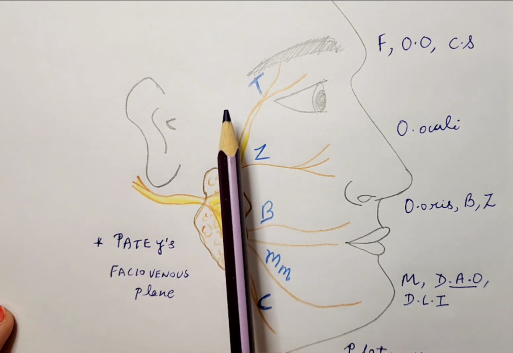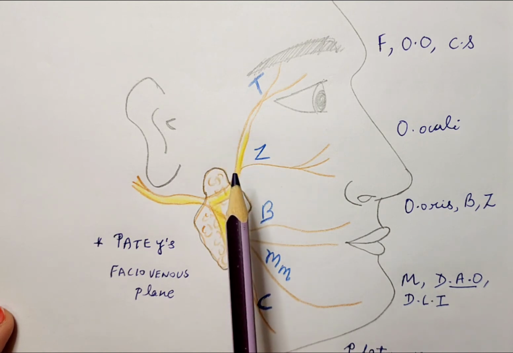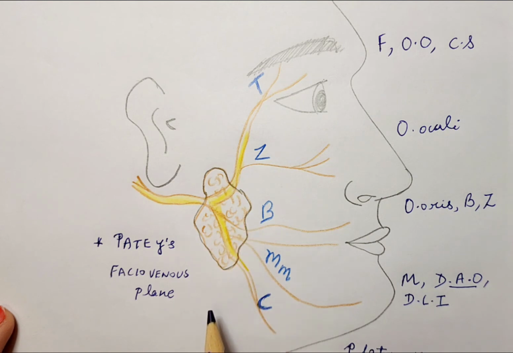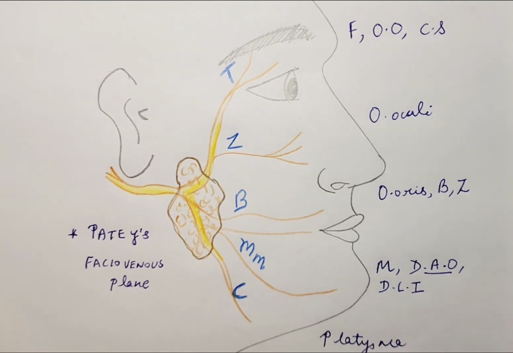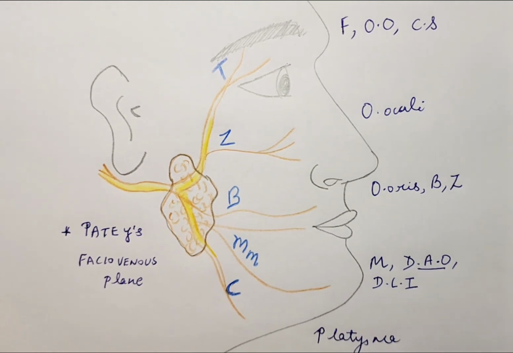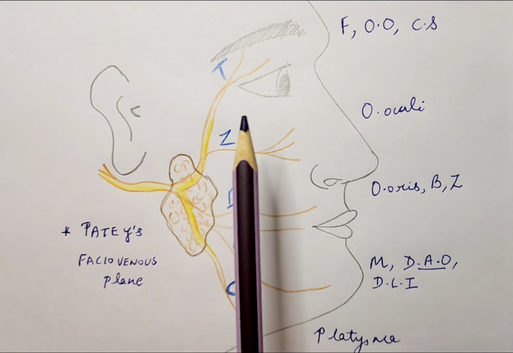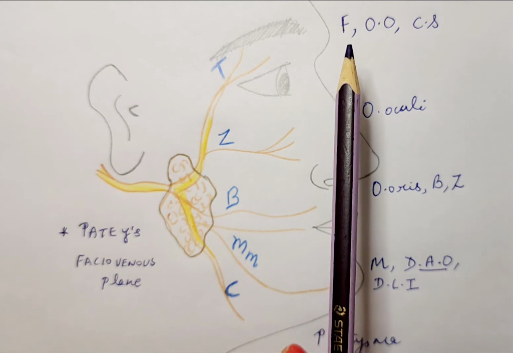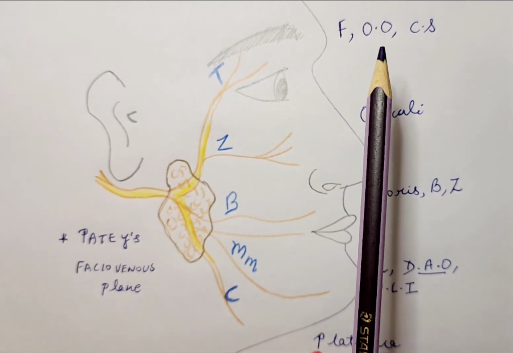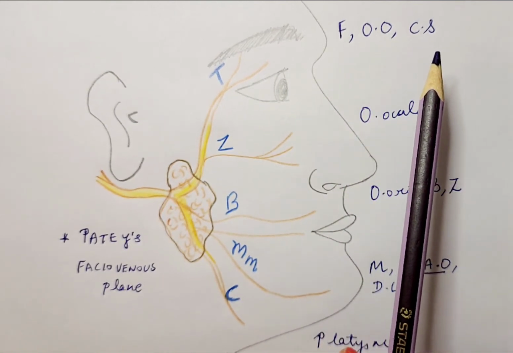So the temporal branch and the zygomatic branch supply the upper half, and then we have the middle and the lower half. So we have the buccal branch, marginal mandibular and the cervical branch. Now there are a lot of names of so many facial muscles, so I've just written the initials here. The temporal branch is mainly going to supply the frontalis, the orbicularis oculi and the corrugator supercilii.